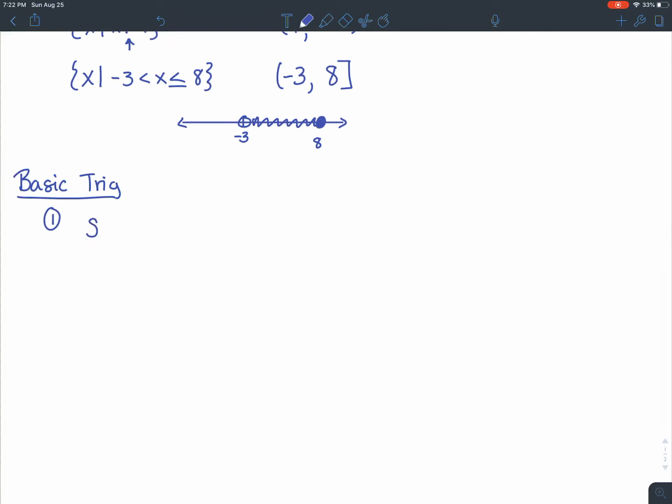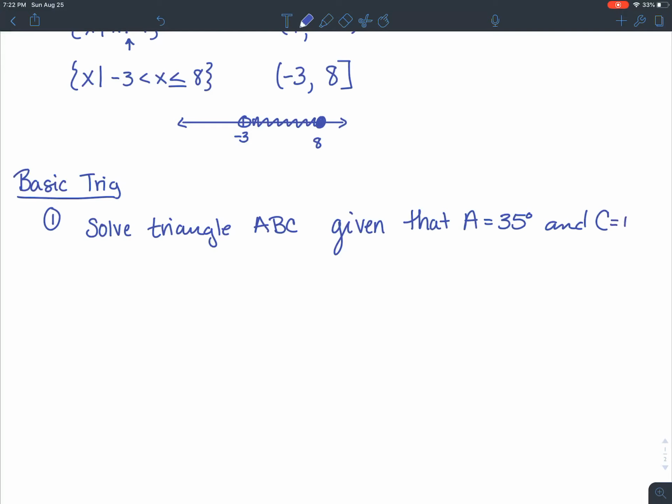It would say: solve triangle ABC, given that A equals 35 degrees and C equals 15.67.